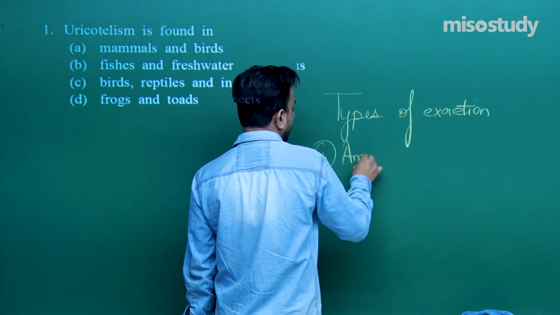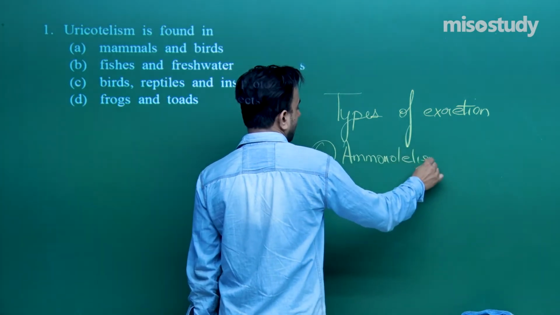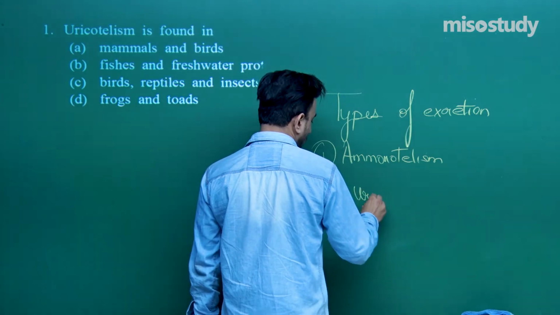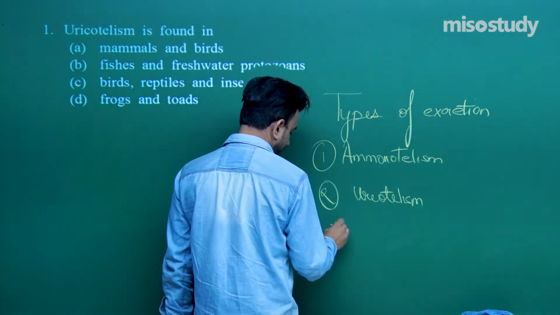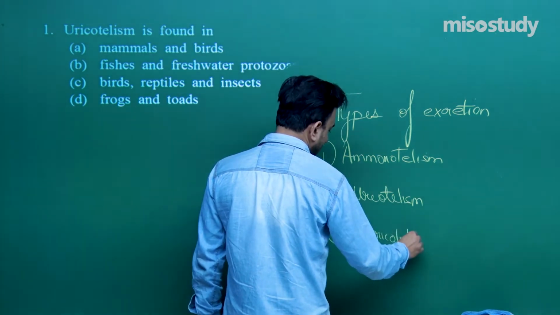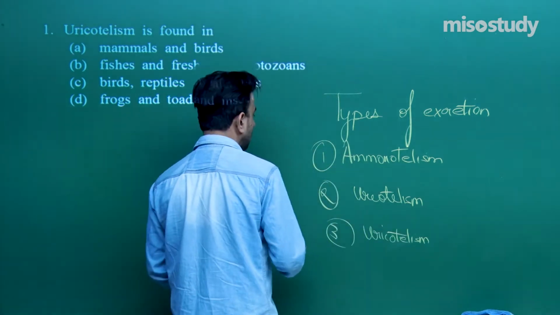The most primitive one was ammonotelism. Then you have ureotelism, and finally uricotelism, right?